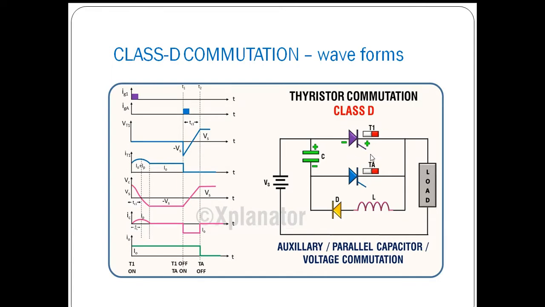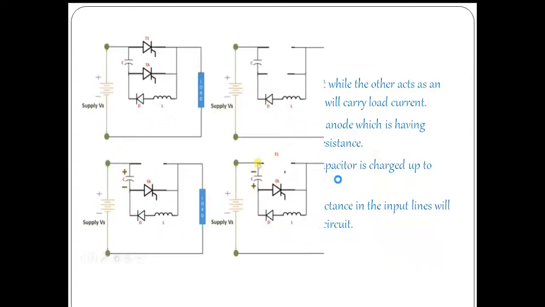Now to turn off thyristor T1, we are using this auxiliary thyristor and the LC resonating circuit along with this diode to turn off the main thyristor T1. So to turn off that, we are going to see in detail.